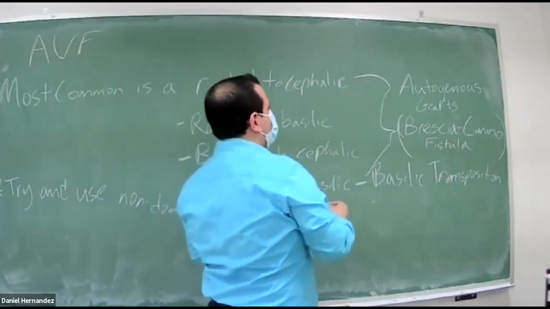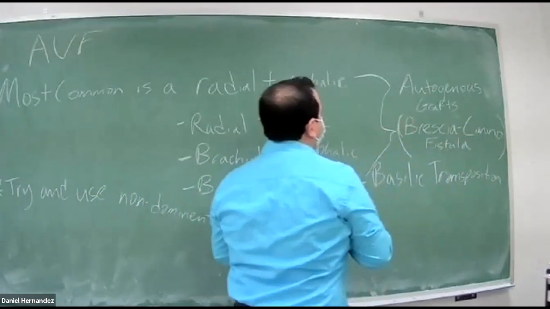So autogenous means they're natural, they're part of our body.